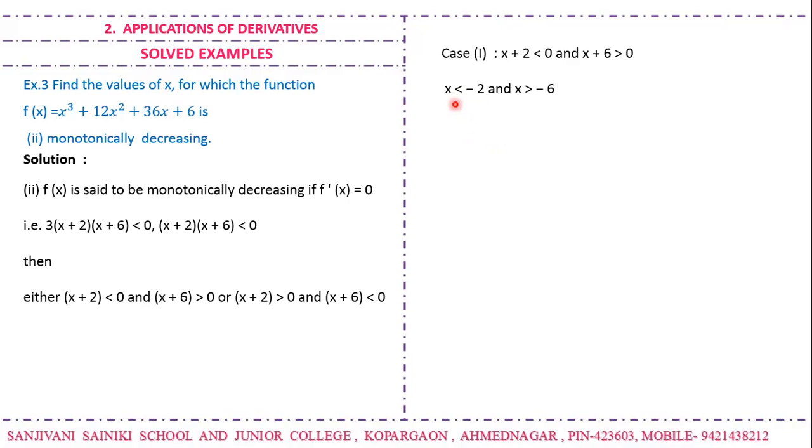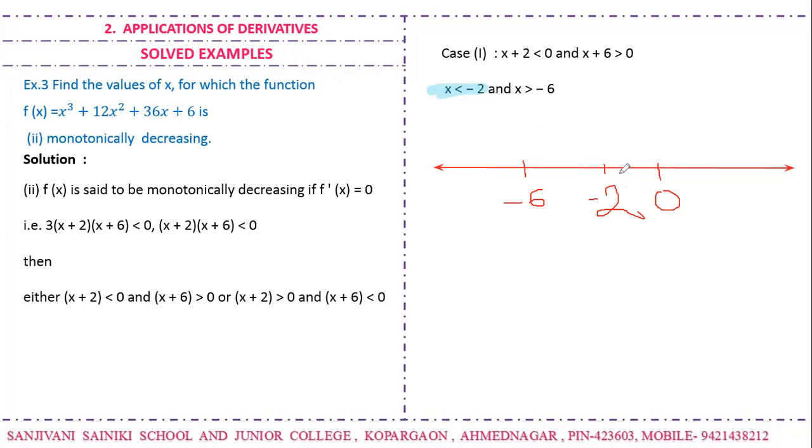So x is less than minus 2. I will plot it on the graph. This is your real line. Suppose here there is 0, here minus 2 and here minus 6. What are the conditions? x is less than minus 2.